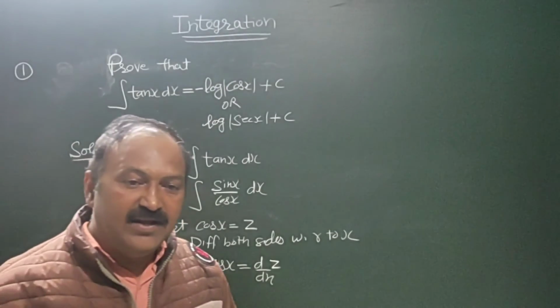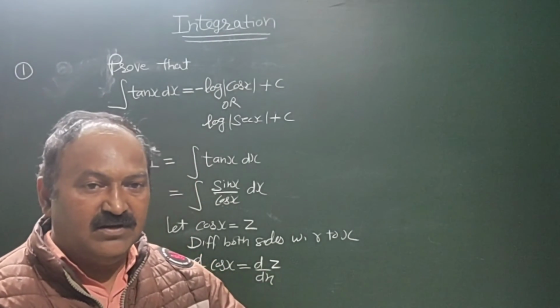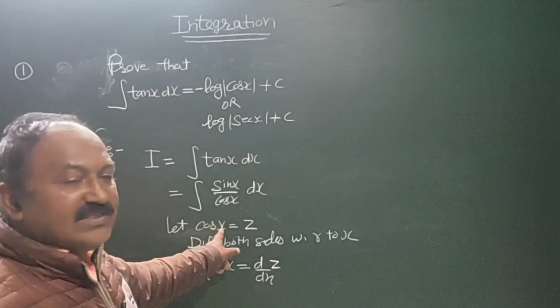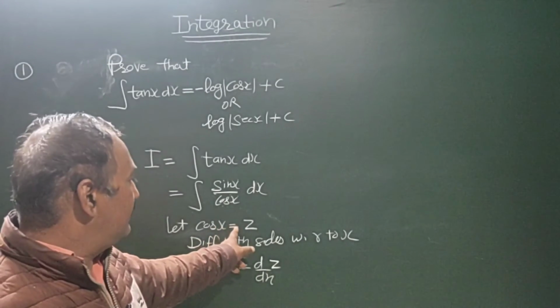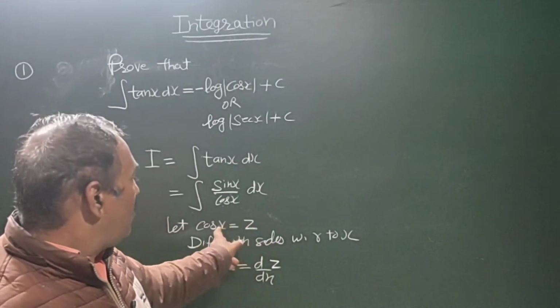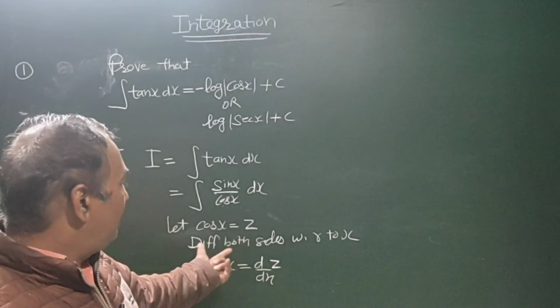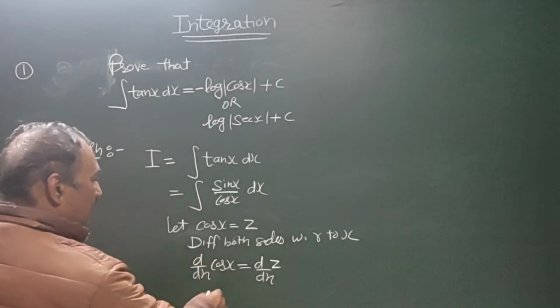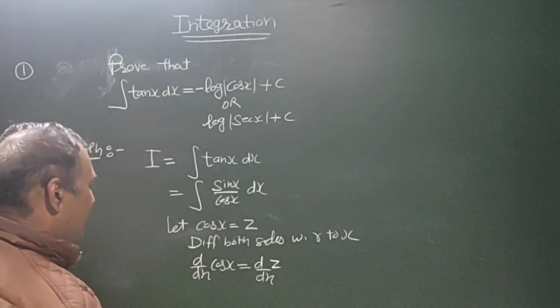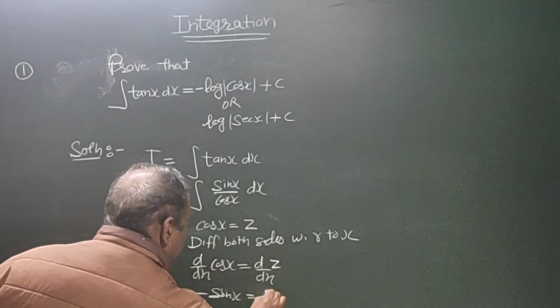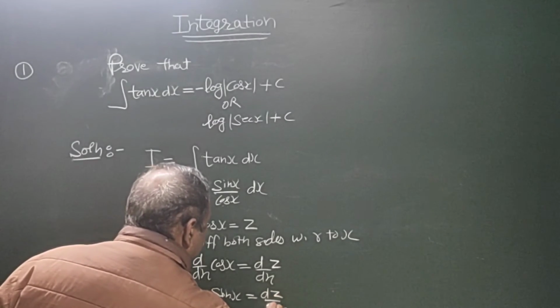Substitution can be done in another variable. Here we have cos x, then cos x can be substituted as another variable, that is z. Cos x is equal to z. After differentiation, we will get derivative of cos x is equal to dz upon dx, minus sin x is equal to dz upon dx.